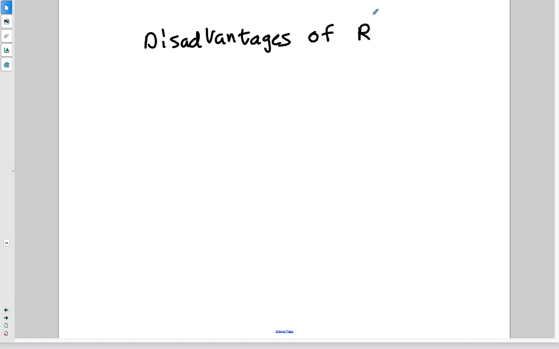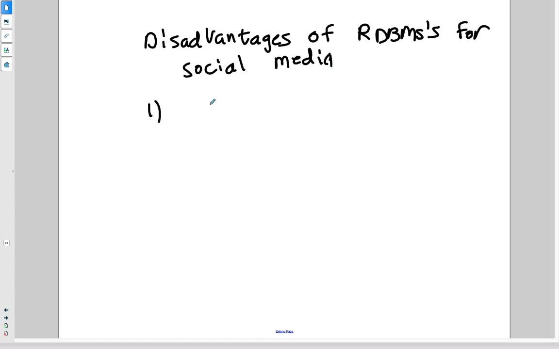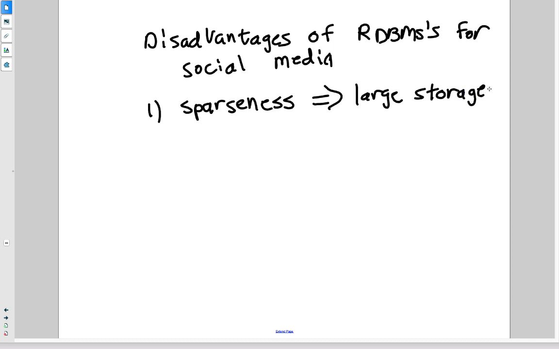Before I do that, I will say relational DBMSs for social media. It's not just social media, but this was the driving force. So sparseness can lead to large storage. Many tables lead to many joins, which can be slow.